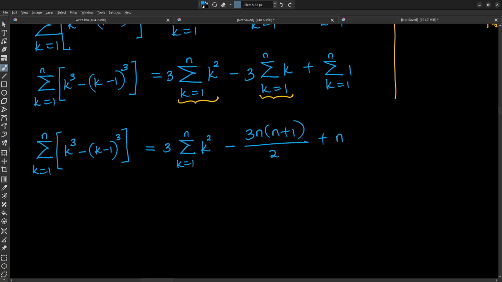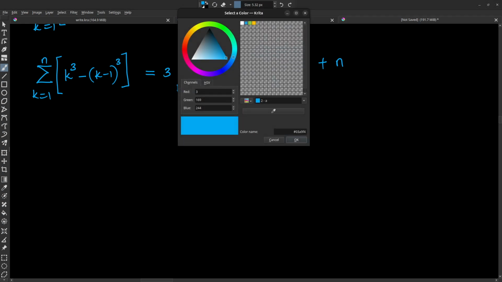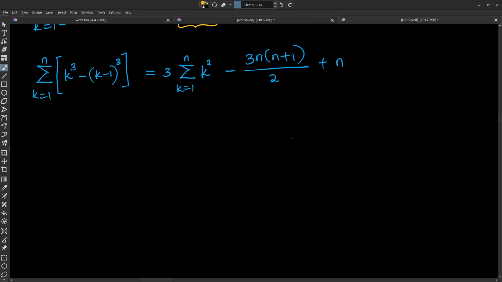Now let's focus on this left side. This is the most interesting one because it looks very complicated, but it's literally the simplest. What we are going to do here is write the first, let's say 5 terms, or rather 4. Let's go with 4. We are going to write the first 4 terms of this summation, right? So here I have the current value of k.